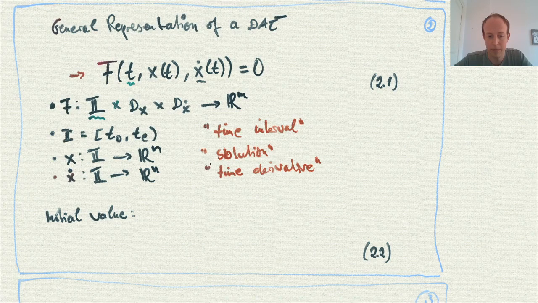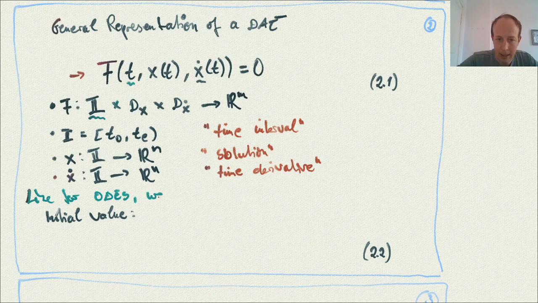As we know it from ODEs, like for ordinary differential equations, we can only expect a unique solution if we fix the initial value.